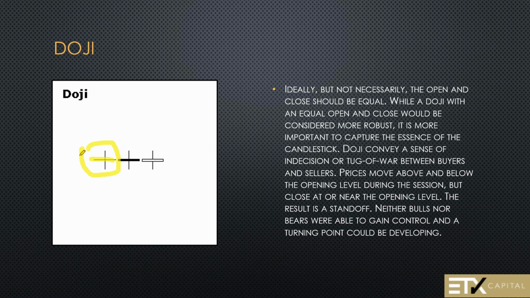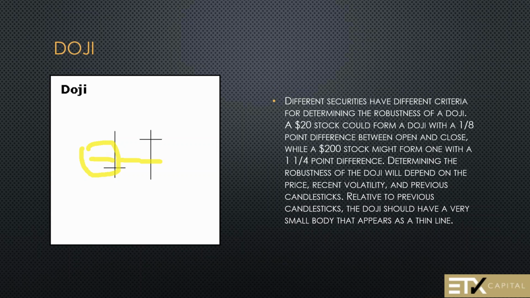So the Doji can now have a very small body. Because back in the days when the Japanese rice traders, or even when this was modified for the financial markets, we were mostly looking at stocks and commodities. And since we weren't getting data that fed that fast because we didn't have computers, things moved a lot slower.